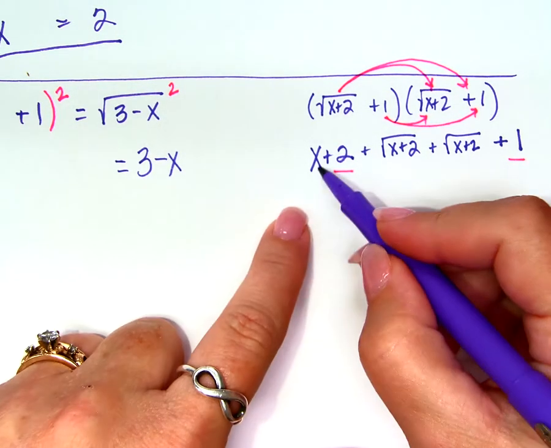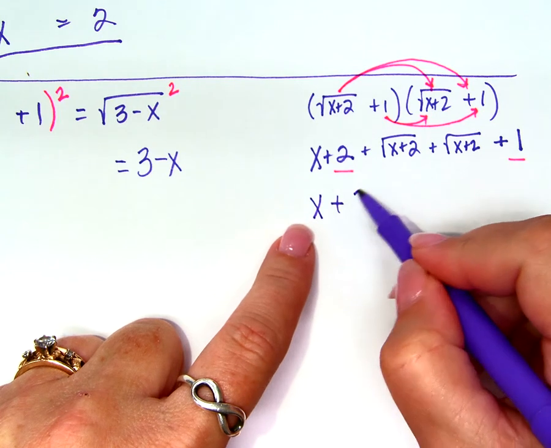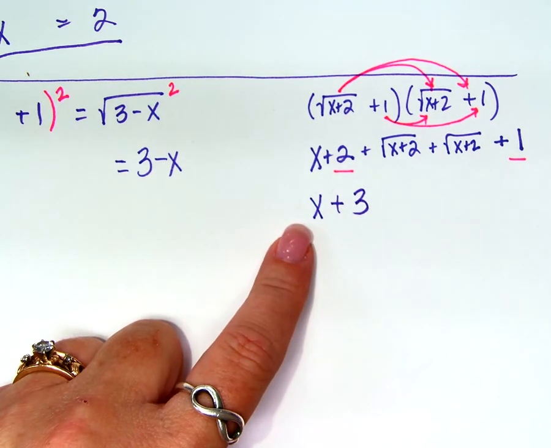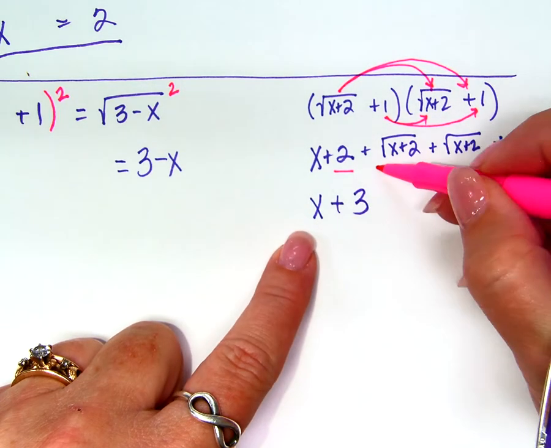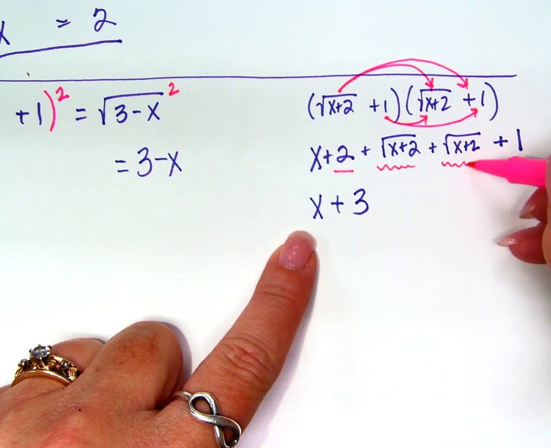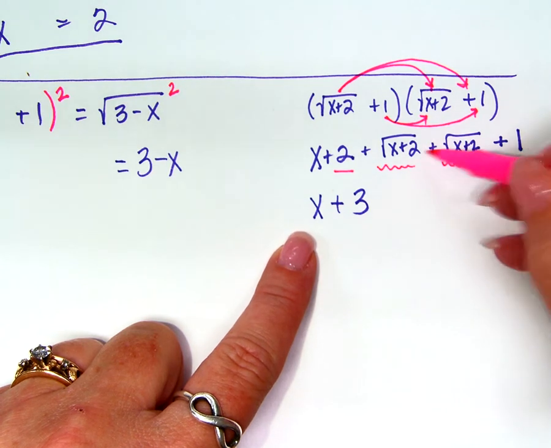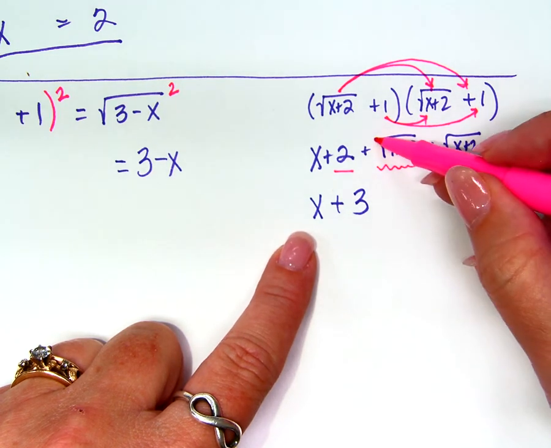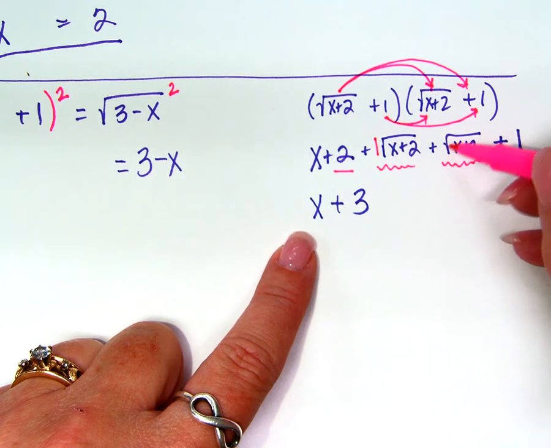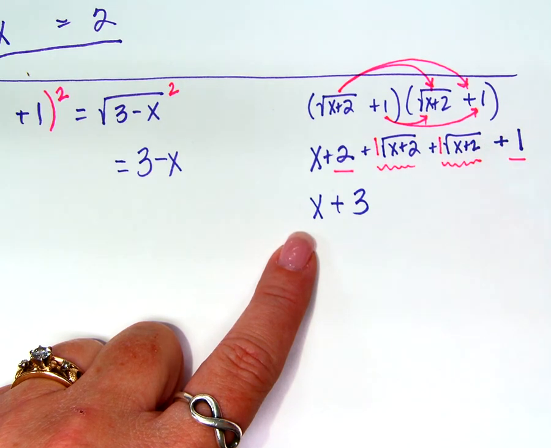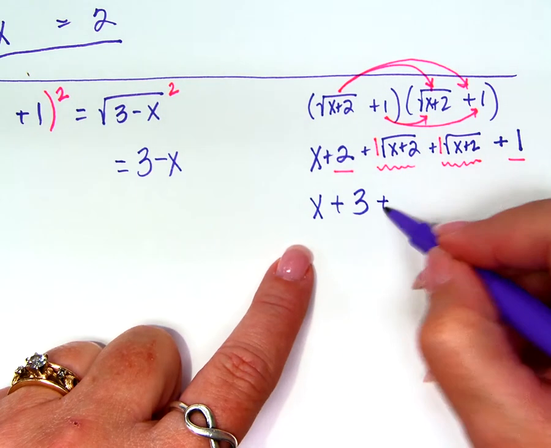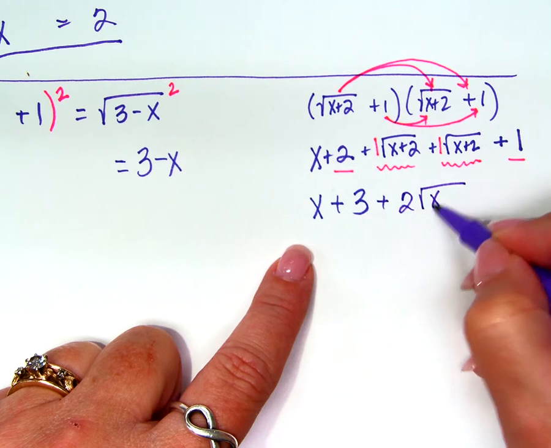So right now I have x, and then I also have plus 3. Is everybody okay with me there so far? Do you realize that these are also like terms? Okay, if I have 1 square root of x plus 2 plus 1 square root of x plus 2, how many do I have? I have 2 square root of x plus 2's.